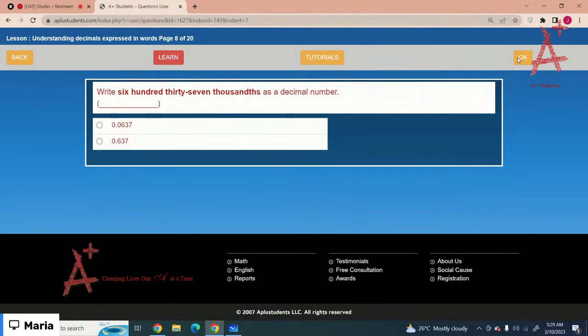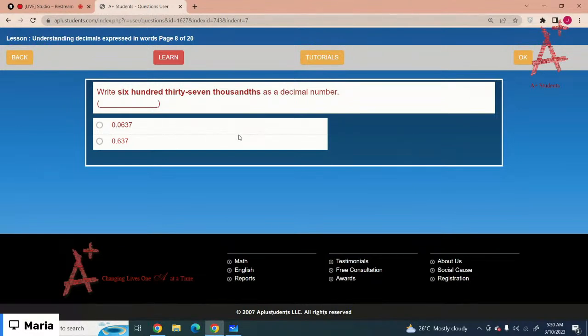637 thousandths as a decimal number, which is the correct option. Yes, that is 0.637.